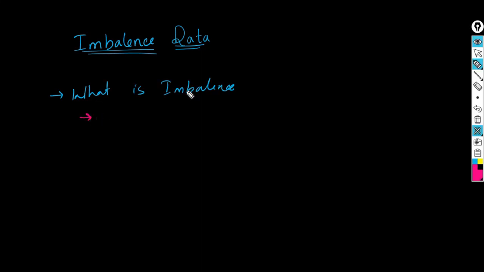We generally see the imbalanced data effect only when we have classification data. For example, let's consider we have two-class data, a positive class and a negative class. For the positive class we have 1,000 data points, but for the negative class we only have 100 data points.